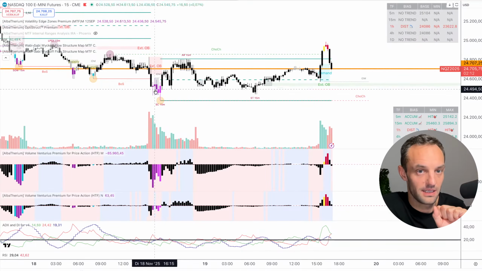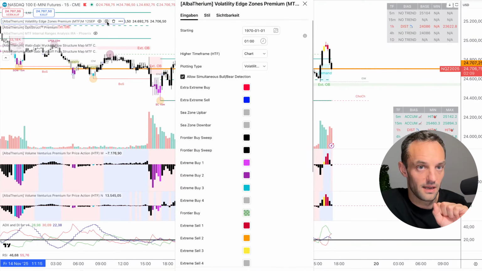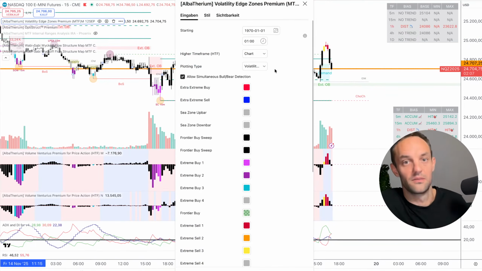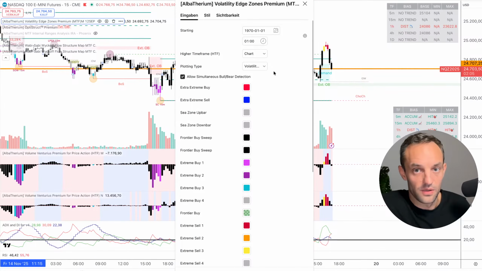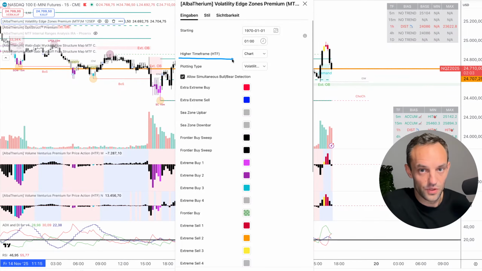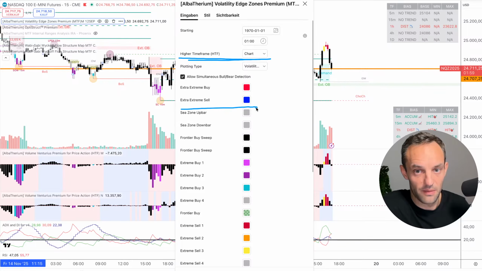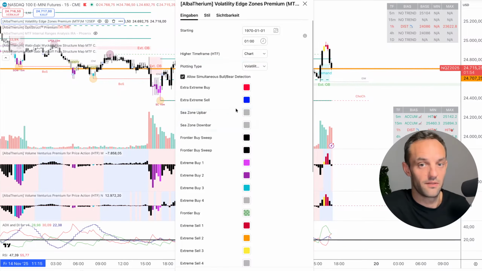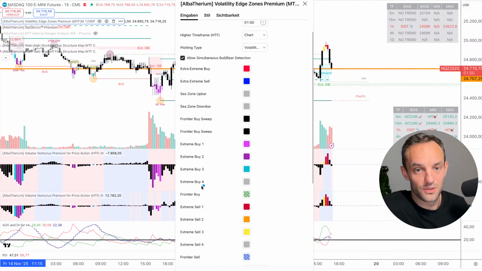So this is the indicator for colorful candles. The labels here, still everything is the same. You should have it at higher time frame is chart, and C-zone up and C-zone down bar is gray. These are the changes I made from the standard settings. And also here extreme buy I made gray because it's white. I cannot see white candles on my white background, so I made these candles gray.